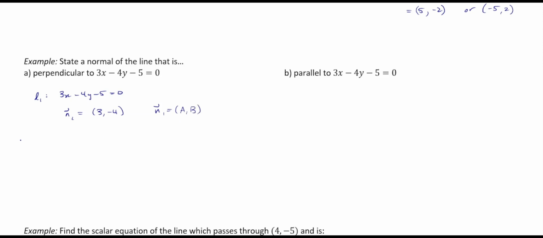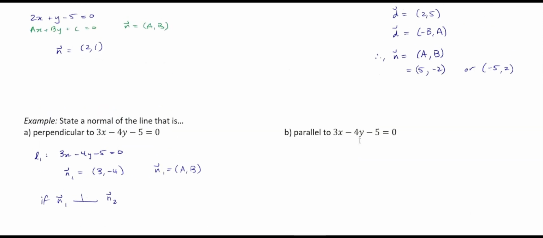Now, if the normal vector of this line is perpendicular to the normal vector of some other line, n2, then that means that this has to have a dot product with this normal that equals 0.